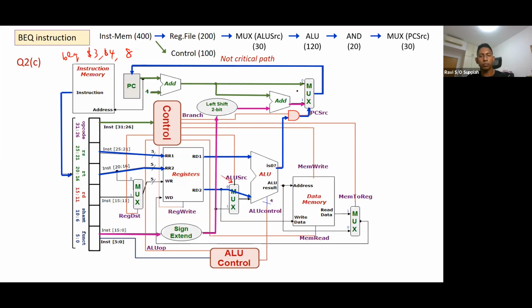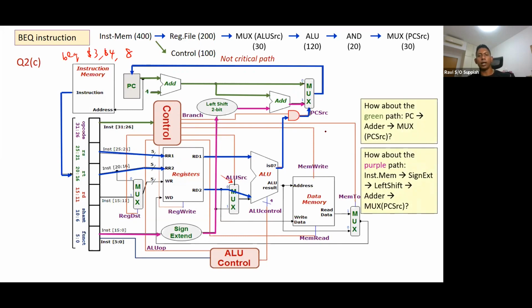That means either PC plus 4 or the new branch address. So over here, you see that there are two pathways that we did not factor in. One is this, to generate the PC plus 4, and the other one is this, to generate the offset address that I want to jump to.